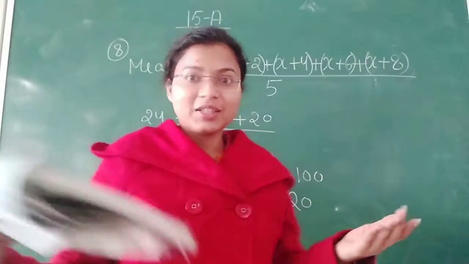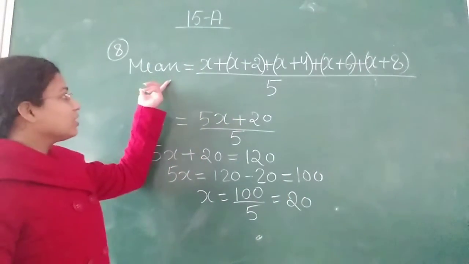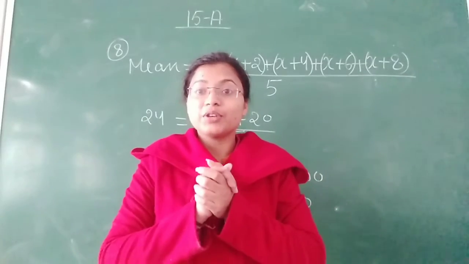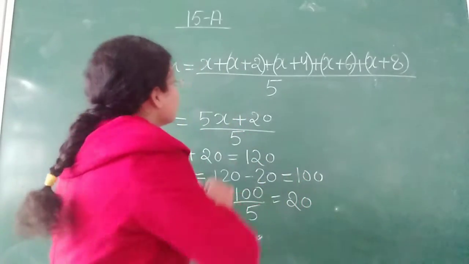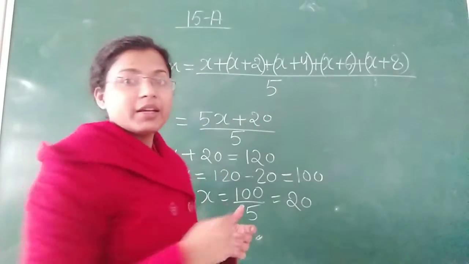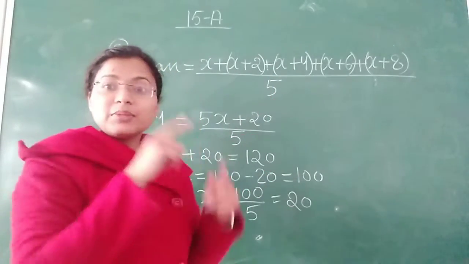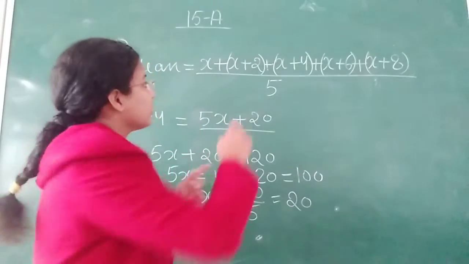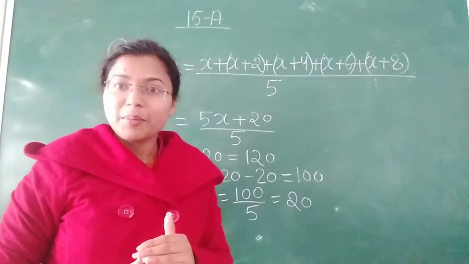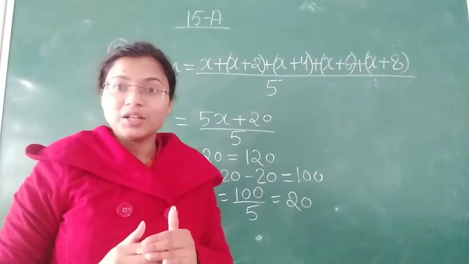So here the same thing, mean is equal to sum of the observations, means whatever data you are having, first we have to add them. Here this is one term, that's why I have written it in a bracket. This is another term, that's why I have written it in another bracket. So first of all, sum of the observations upon the total number of observations.